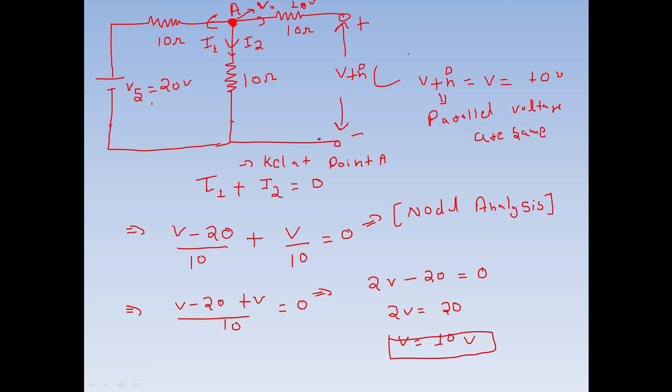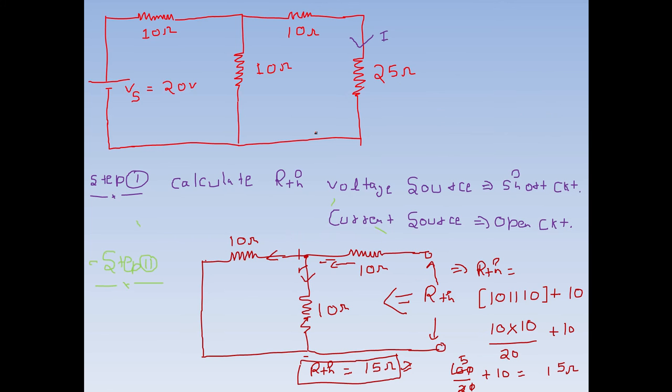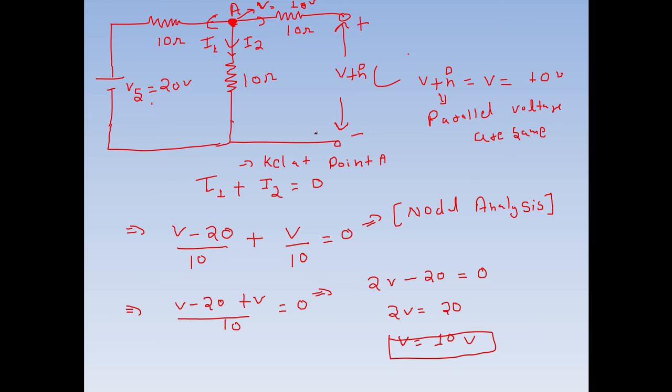So VTH is equal to 10 volt, and RTH we have found to be 15 ohm. Now we will draw an equivalent circuit so that it is easily accessible for each of you.